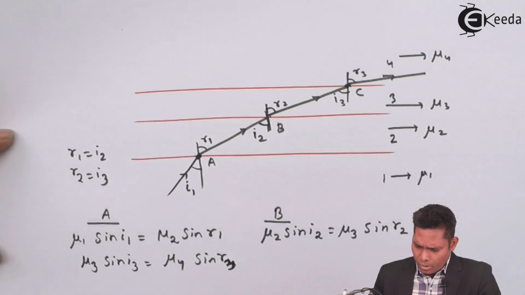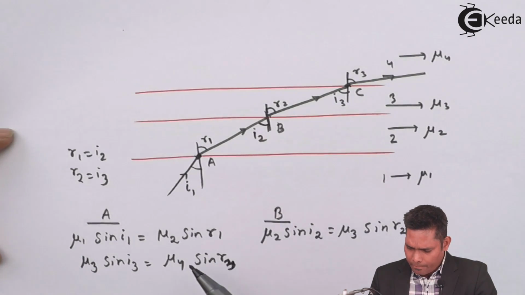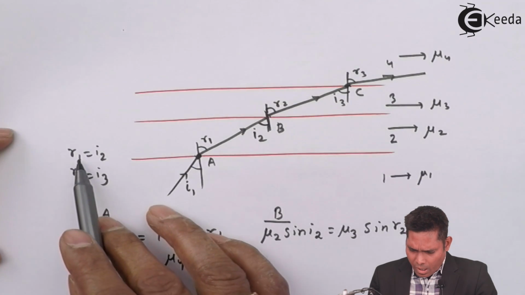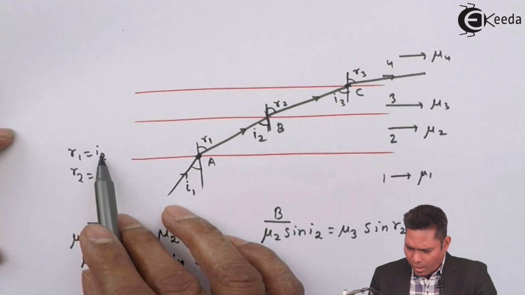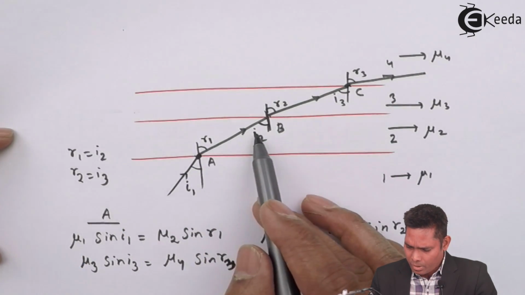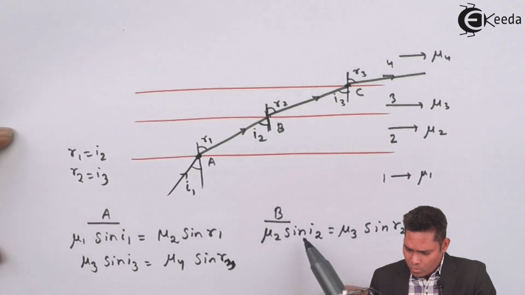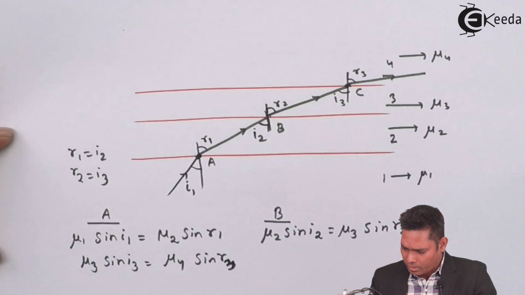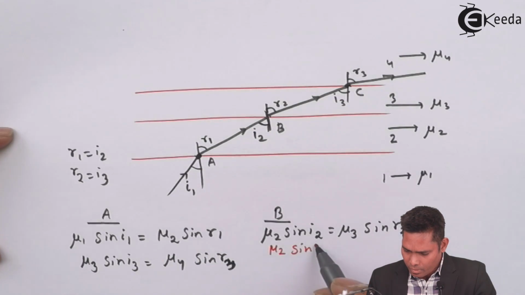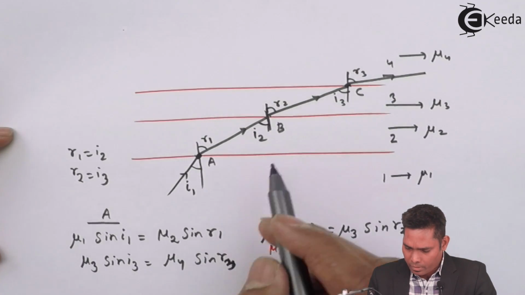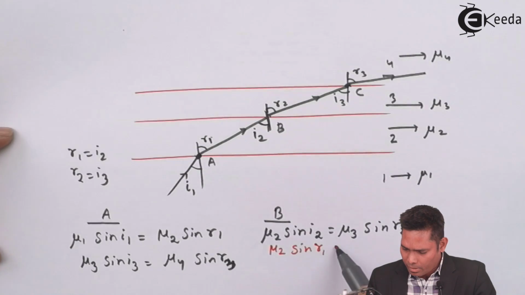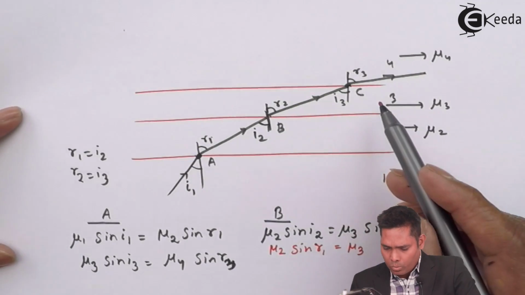Now, if we look properly, because R1 and I2 are same, I can write I2 as R1. So this will become mu2 sin of R1, because these two are same, and mu3 sin of R2.